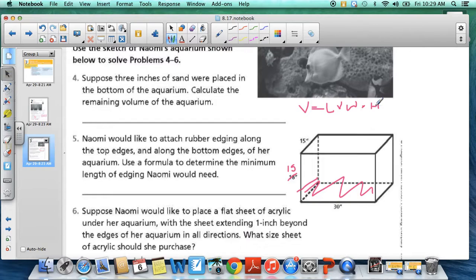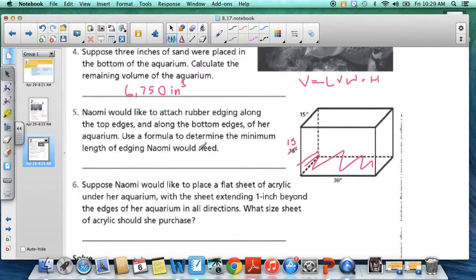I want you guys to write out volume equals 15 times 15 times 30, because that's our length, width, height, and we get a grand total of 6,750 inches, and it is cubed because it's the volume. Okay, so let's move on.